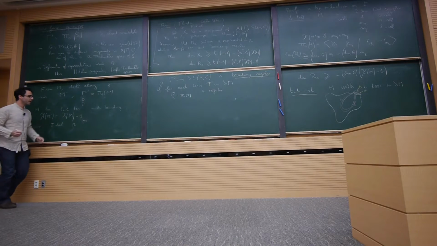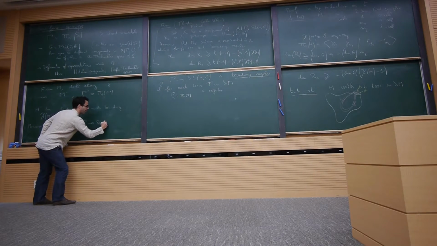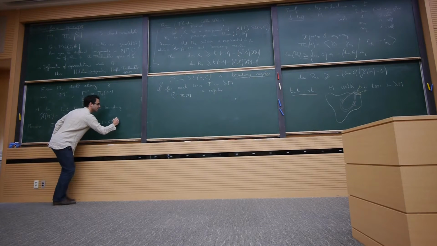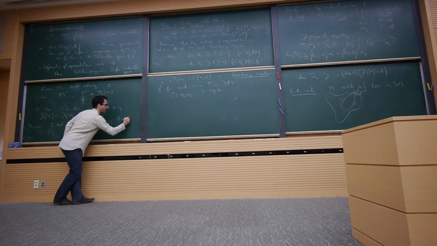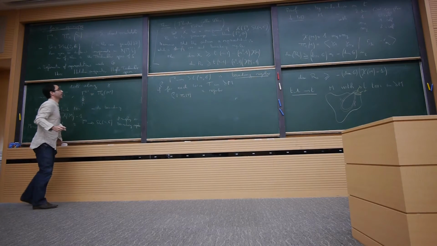So now I had my distinguished representation, which was strongly irreducible and boundary regular. Okay.